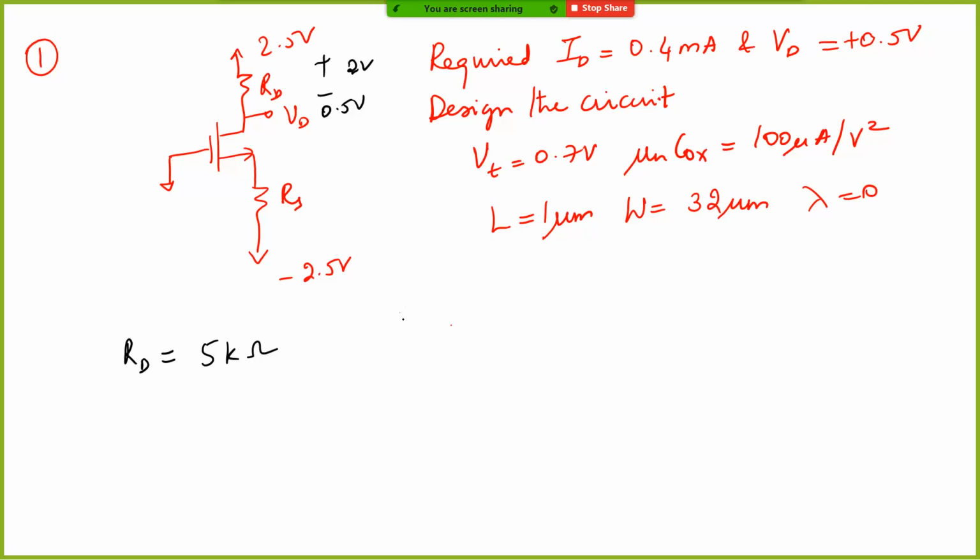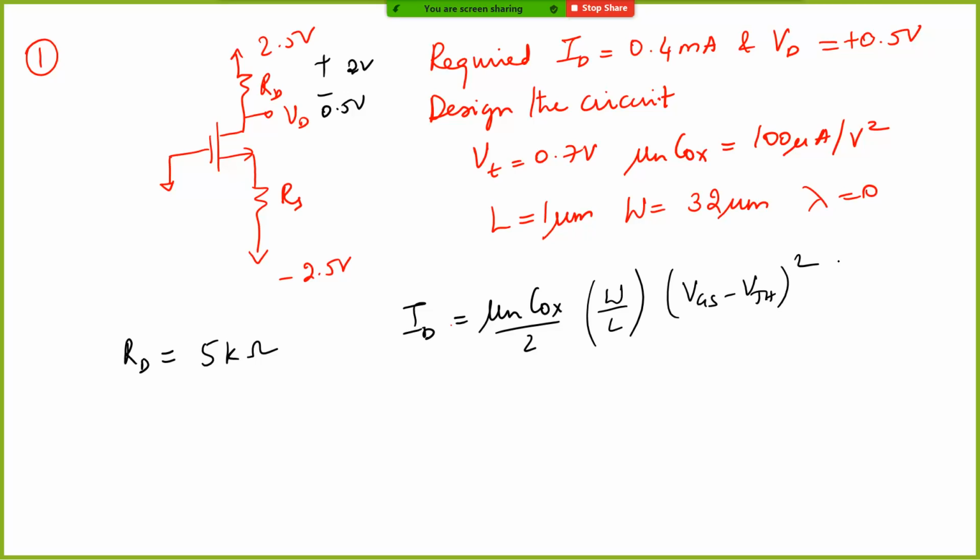Okay, so basically this is assumed. So here you can see that here it is 0.5 volt, and you have some sufficient amount of voltage across the drain. So let's assume that it is going to be in the saturation region. Okay, so in the saturation region, the expression is something like this, right? Mu n Cox by 2 W over L VGS minus VTH the whole square. Okay, so from this you can calculate what is VGS required.